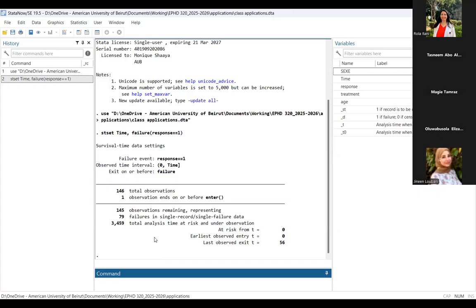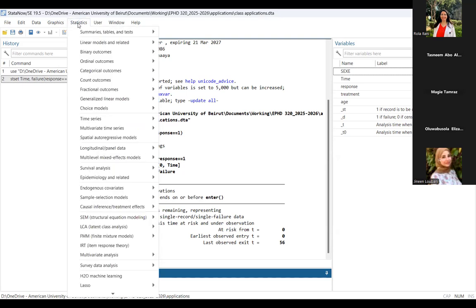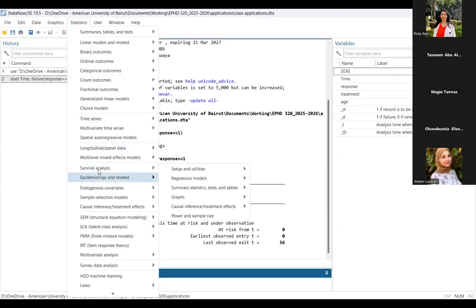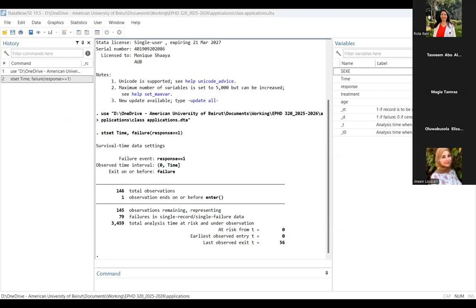It also gives you the person-years at risk, which is 3459, the 3459 months at risk. Similar to SPSS, I can do the graph or the Cox regression. The graph is again survival, but they are very simple. Let me just open my thing.